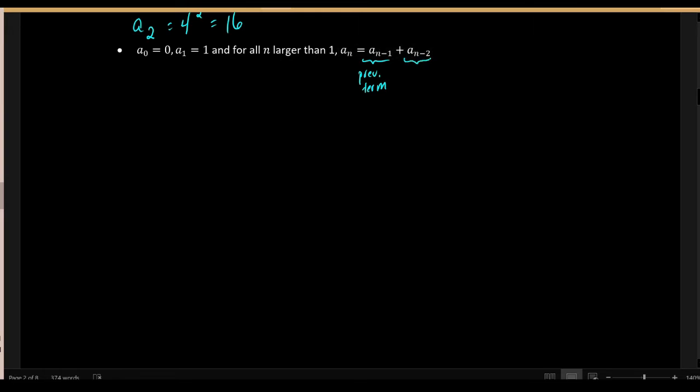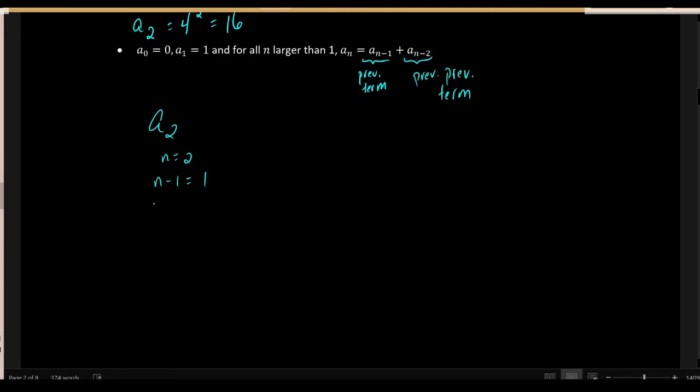Take the term before that, the previous term, two steps before the a sub n that you're working with, and add those together. So for example, if I wanted to calculate a sub 2, where n is equal to 2, then one step back, the previous term, would be n minus 1 equals 1.